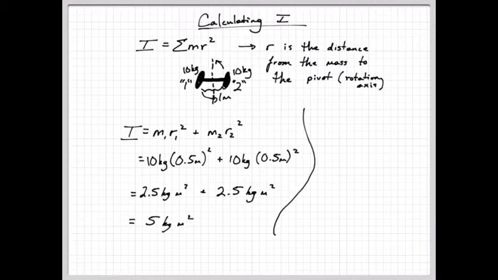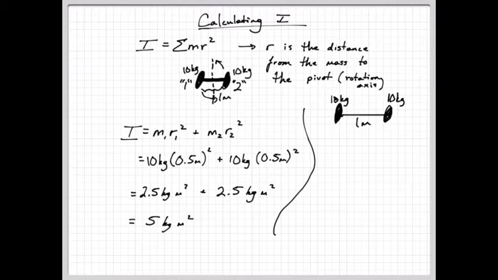Now, it might not make much sense as to how much resistance to rotation that number actually is, but it's easier to understand its impact when you compare it to a different moment of inertia. In other words, take the same setup, two masses, again 10 kilograms each, separated by 1 meter on a massless bar.